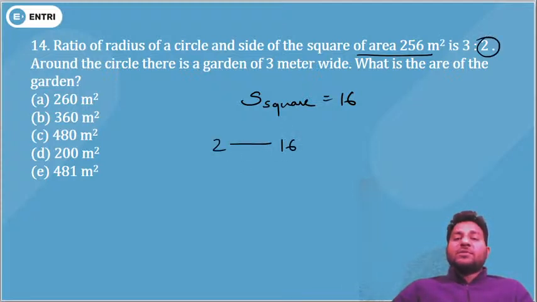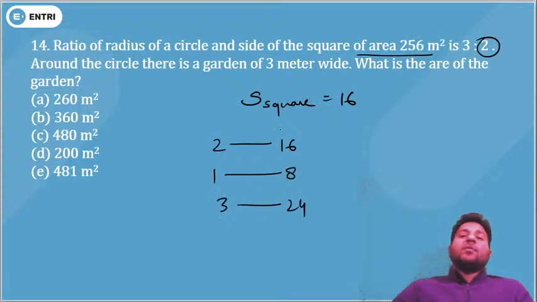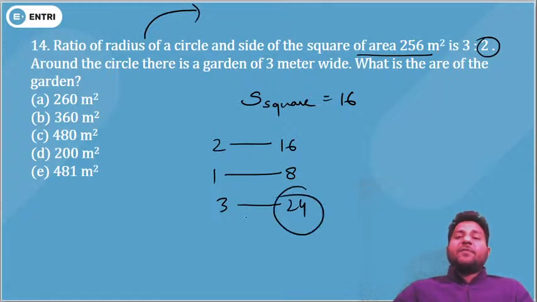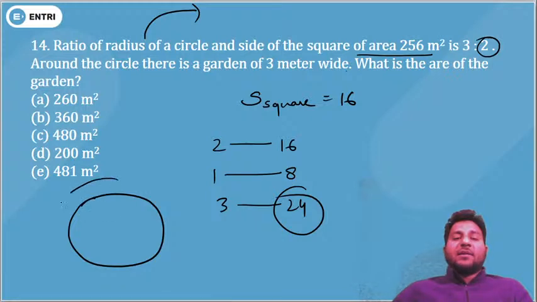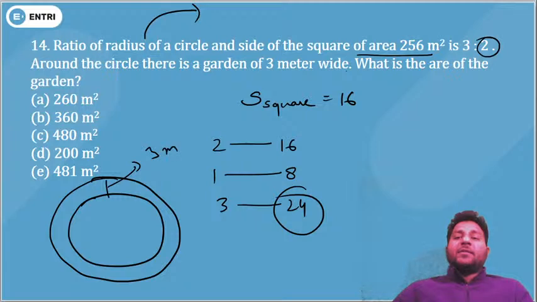So 2 equals 16, 1 equals 8, which means 3 equals what? 24. So we have figured out the radius of the circle as 24. Around the circle there is a garden 3 meter wide. What is the area of the garden?